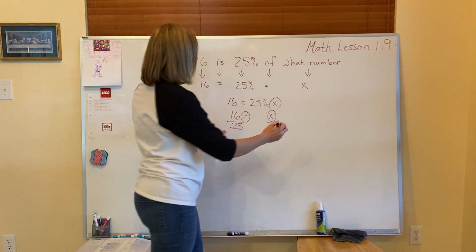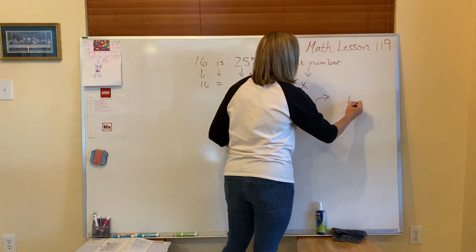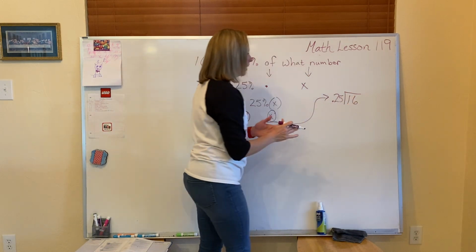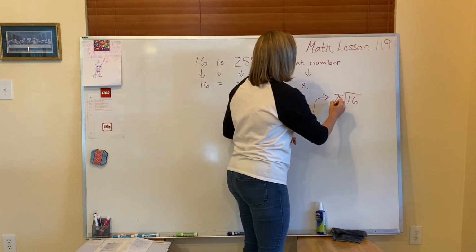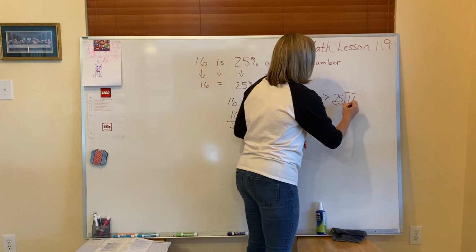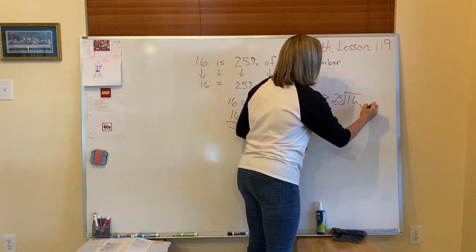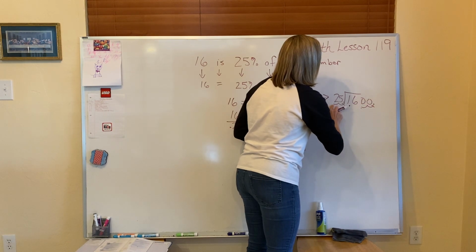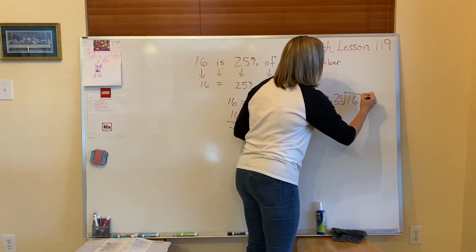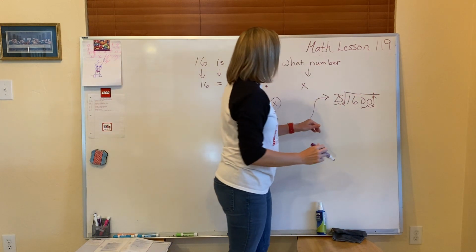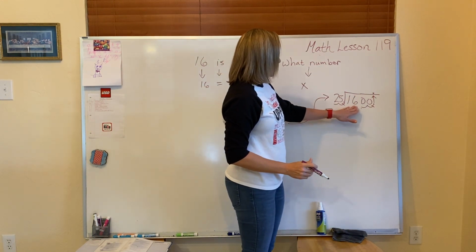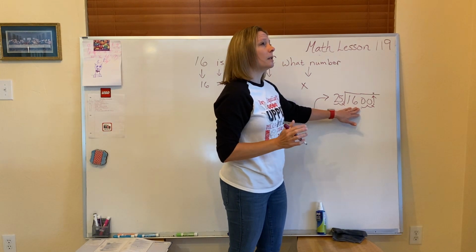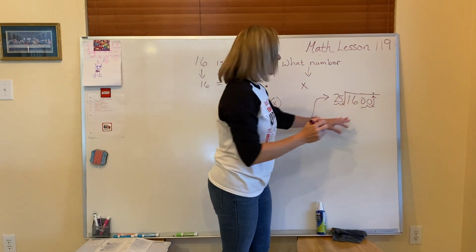Let's solve. So we have 16 divided by 25 hundredths. Whoa, we can't divide by a decimal number. We'll need to move our decimal over 2 places, right? We're multiplying by 100, moving the decimal over 2 places, and over, up. So 25 goes into 16 0 times. 25 goes into 160 6 times, right?